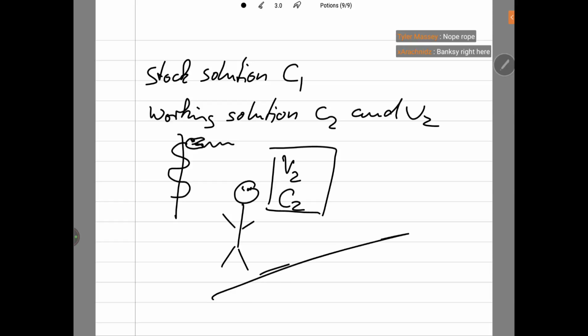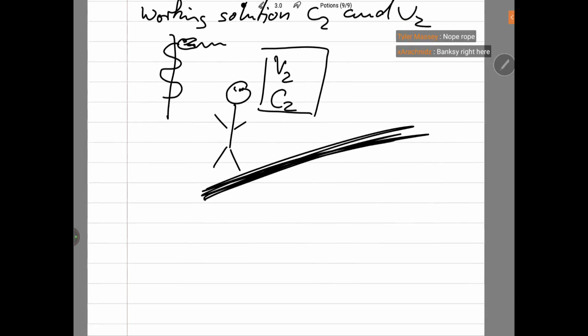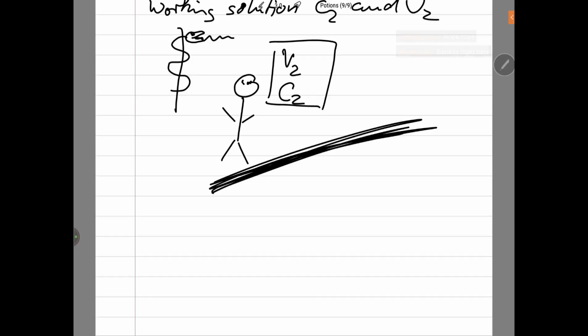And here's the counter, and there's the hot pharmacist. Big smile. You can tell my drawing skills are a little bit limited, but never mind.